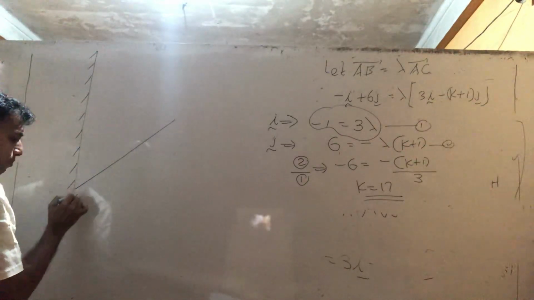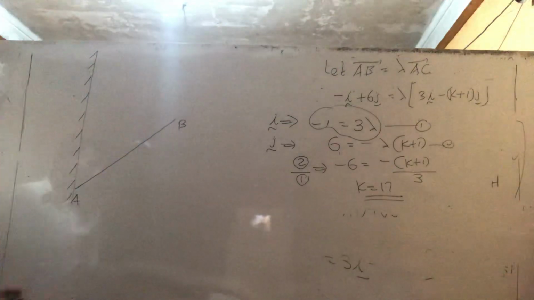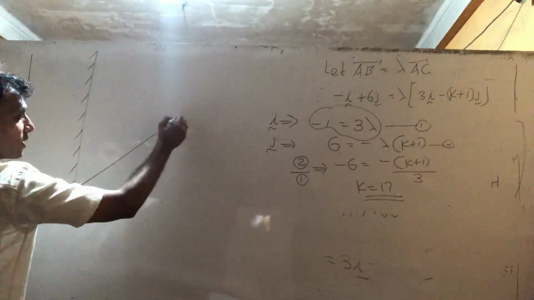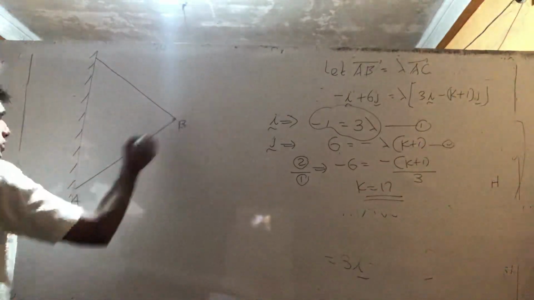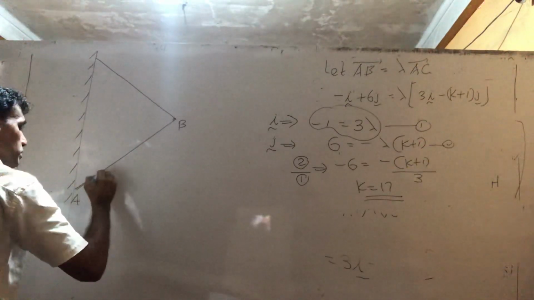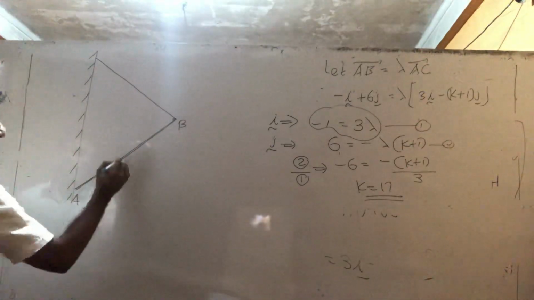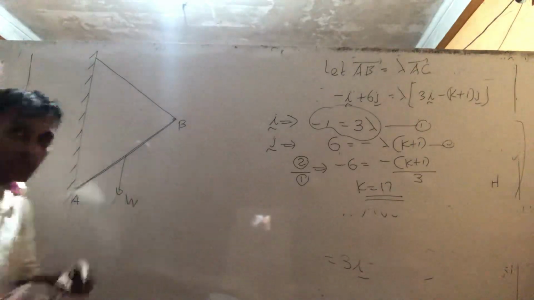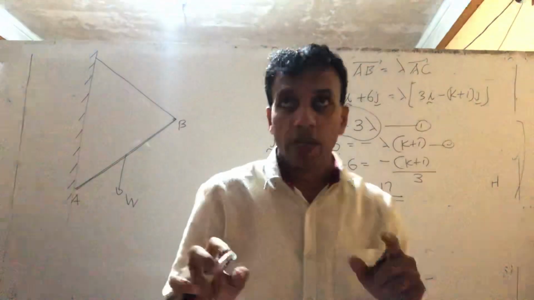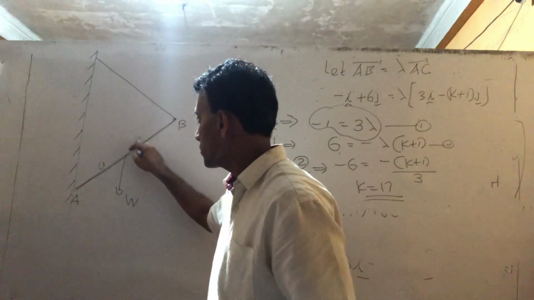If I put point A here, B here, and they tie this point and attach to the wall, right? This is a uniform rod AB, so the weight is at its midpoint. The rod is 2A length. Therefore each half is A, here A, here A.